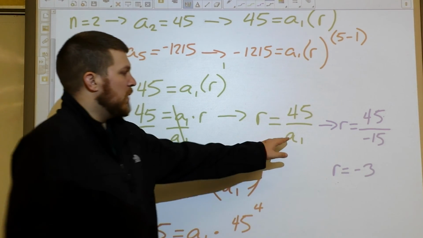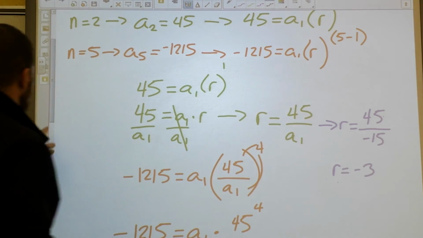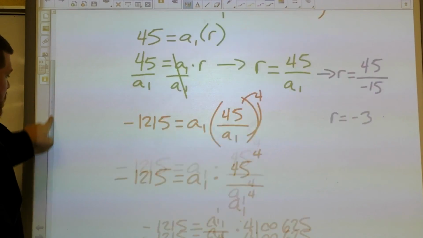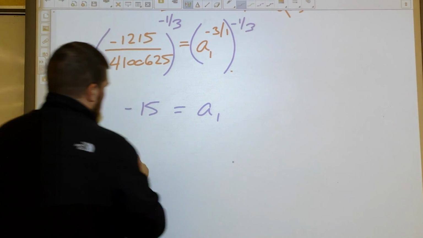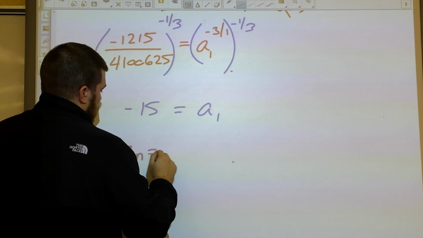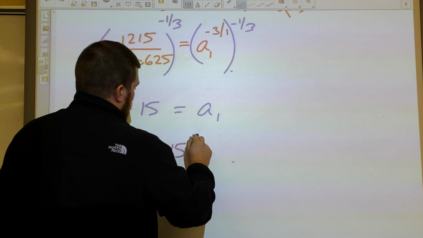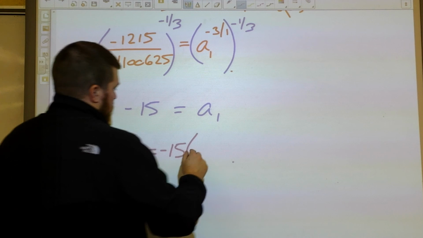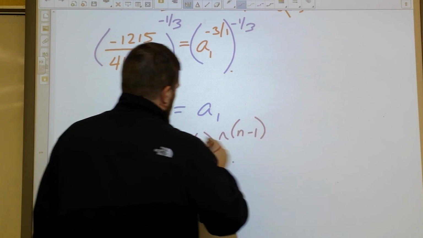As soon as I know both my beginning position, a sub 1, and my common ratio, I can finally answer the question and say, what is this geometric sequence? So my final answer is a sub n, which is equal to my first position, so negative 15, times my common ratio of negative 3 raised to the n minus 1 power.